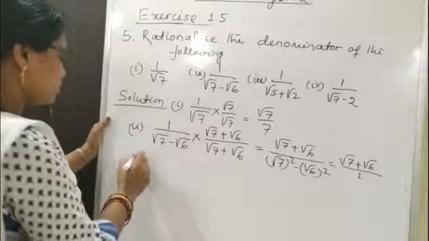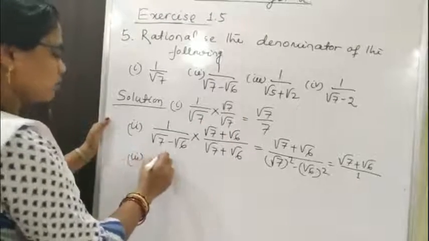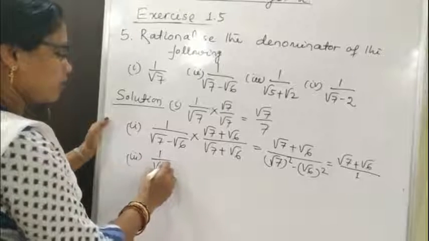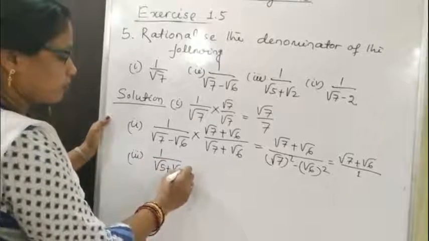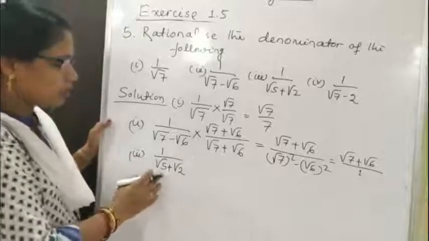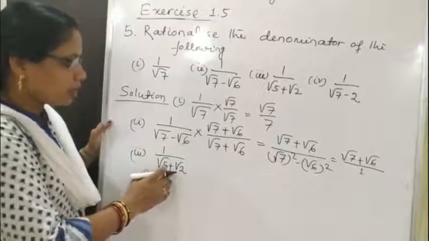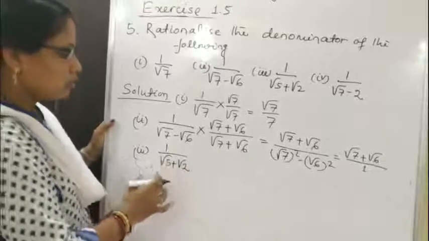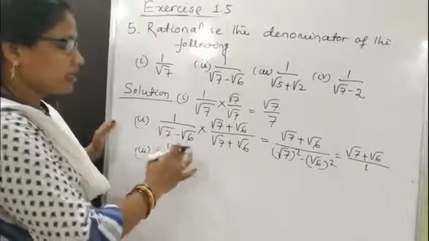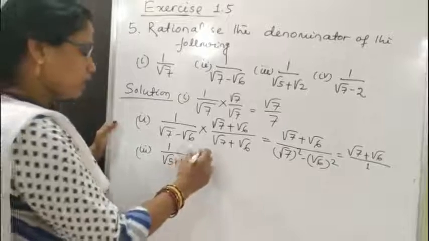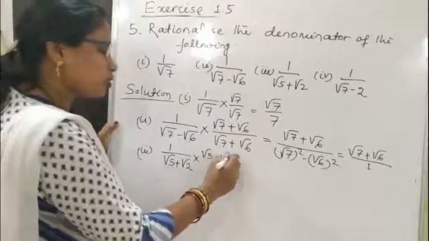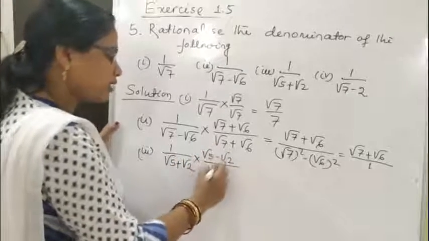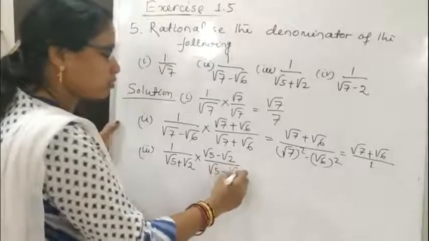Then the third one, 1 by root 5 plus root 2. Here in the denominator the irrational number root 5 plus root 2 is present, so we have to rationalize it. We multiply by root 5 minus root 2 and divide by root 5 minus root 2.